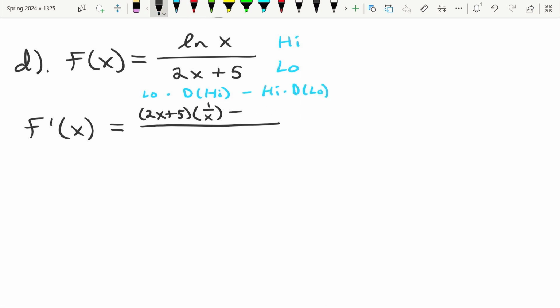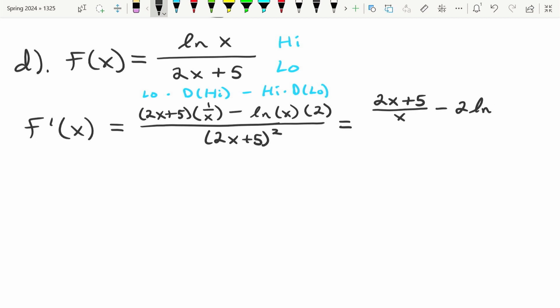So that would be ln x times the derivative of what's underneath, the 2x plus 5, which is just 2, all over the square of what's below. Okay, so what happens here is we can write this as 2x plus 5 all over x minus 2 ln x all over 2x plus 5 all squared.